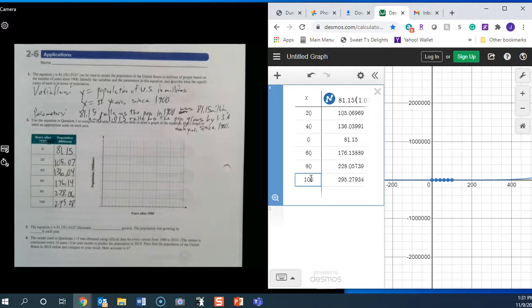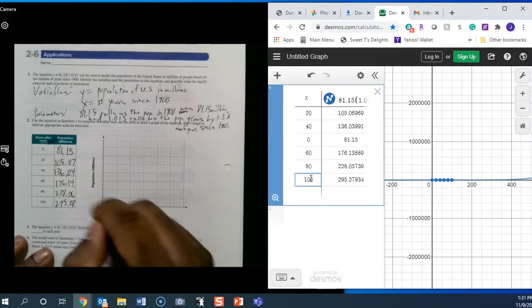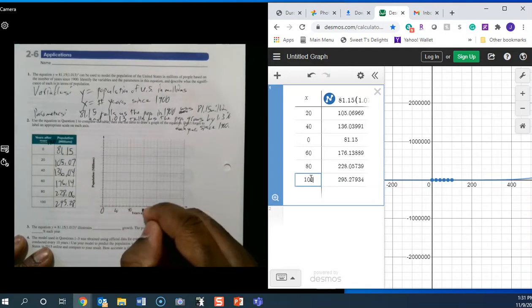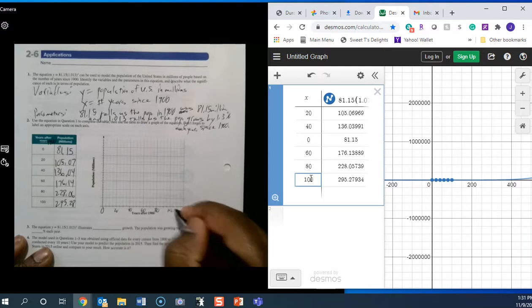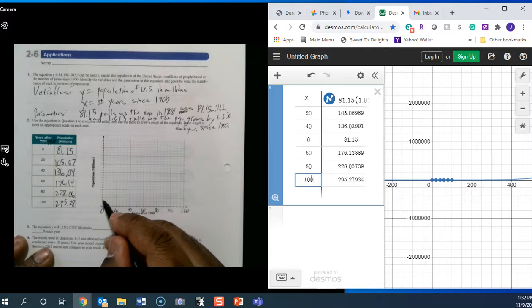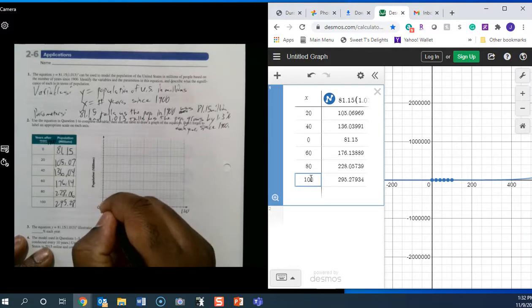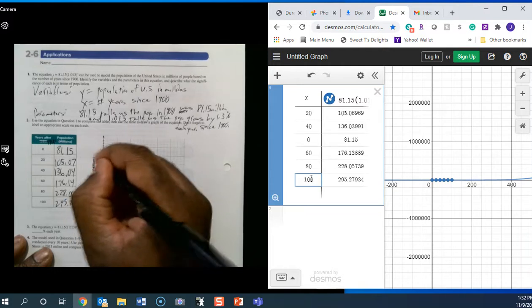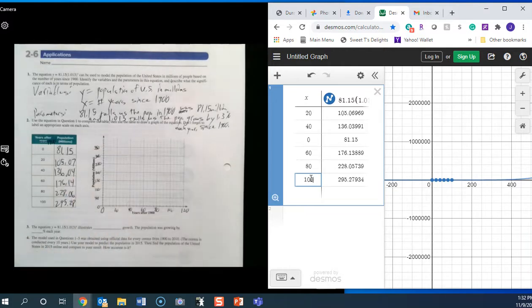Now they want us to graph it. It'd be best if we did the bottom by fives: 0, 5, 10, 15, 20, then 40, 60, 80, 100, and 120. Going up the side, no, actually we'll be going by tens, 10, 20, 30, 40. Let's do 50, 100, 150, 200, 250, 300, 350.